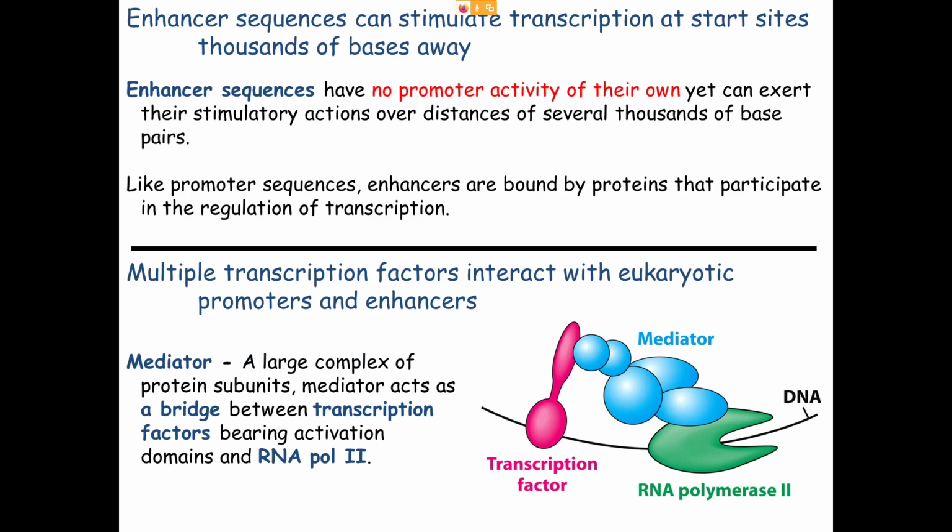So here at the bottom, we have a transcription factor shown in the red color, RNA polymerase in green, and then a bunch of blue proteins called mediators. I don't really want you to get bogged down in the nomenclature too much, but if we call something a transcription factor, it could have one of two meanings. It could mean it's involved in transcription. That's what I'm going to use it for because that name makes sense.